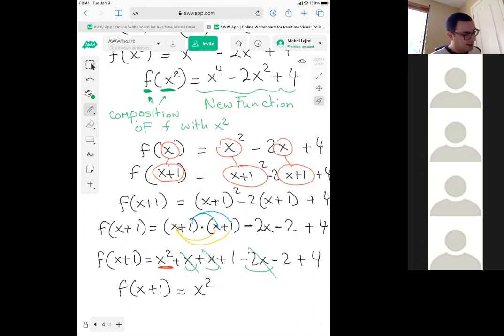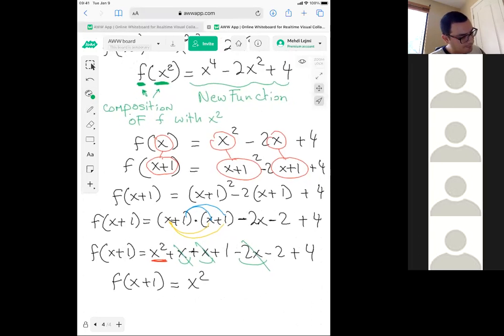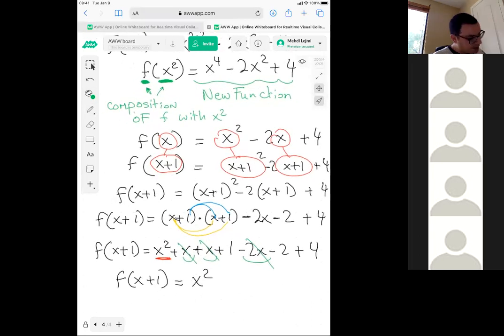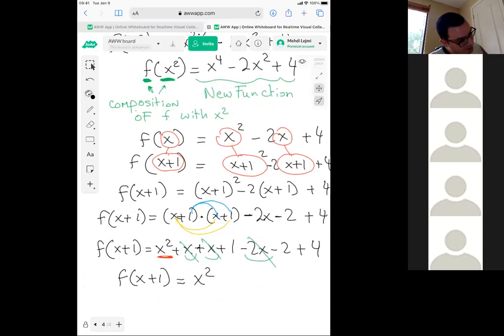Excuse me, Professor, it should be plus 2. Plus 2 and plus 4. No, because you distribute the sign. I guess you're talking about this minus, right? Yes, minus 2 and plus 4.